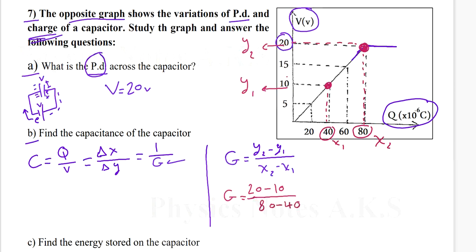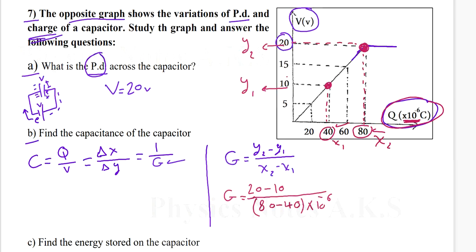I just want you to pay attention here to the x-axis, and all the values are multiplied by 10 to the power negative 6. So basically here it's not 80, it's 80 multiplied by 10 to the power negative 6. The same here, 40 multiplied by 10 to the power negative 6. That's why right here I'm going to put brackets multiplied by 10 to the power negative 6.